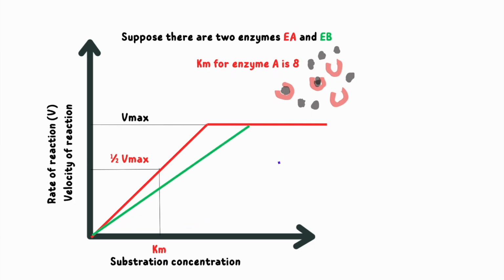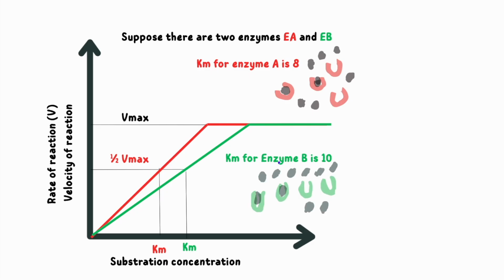That is, 2 molecules occupy the enzyme and the remaining 6 are free. Now suppose the Km for enzyme B is 10. That is, if again there are 4 enzymes present, to reach the half Vmax, 10 substrate molecules are required. To reach the half Vmax, out of 10, 2 of the substrate molecules engage with the enzyme and the other 8 remain free in the solution.